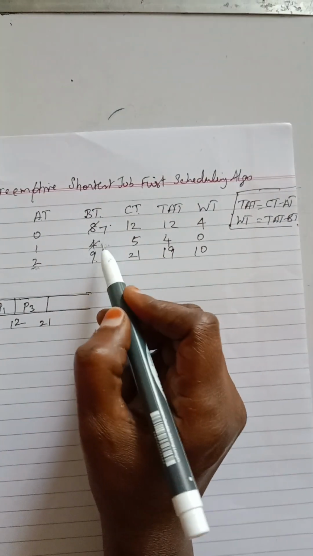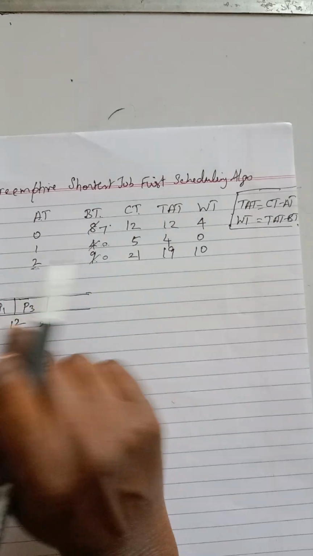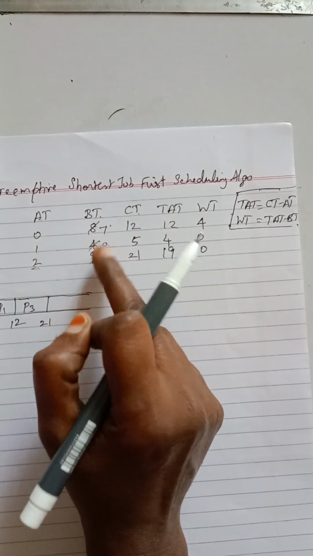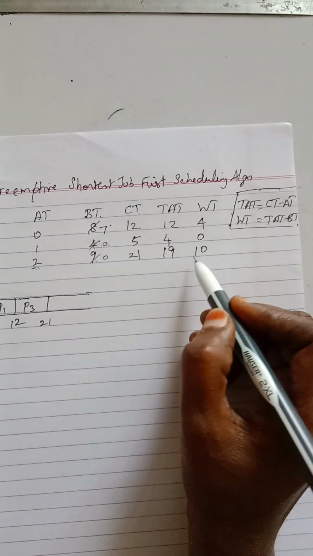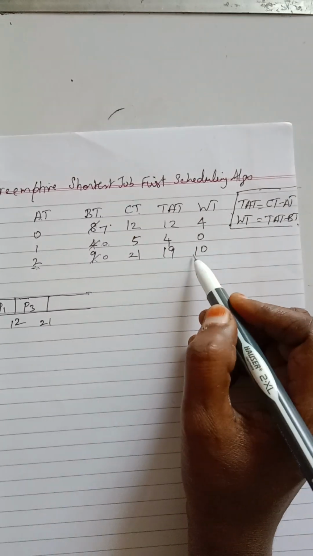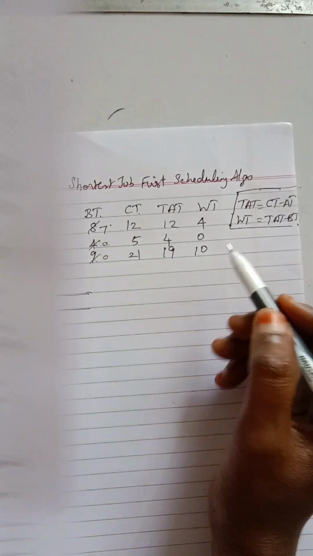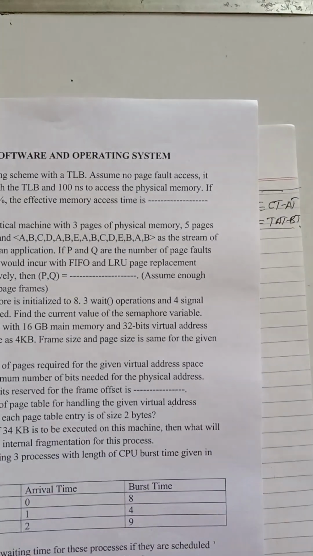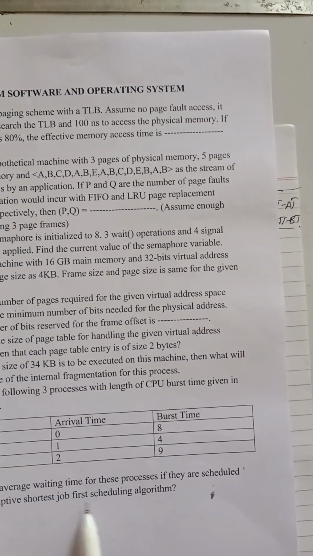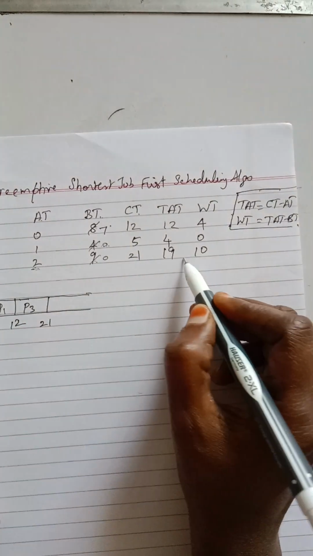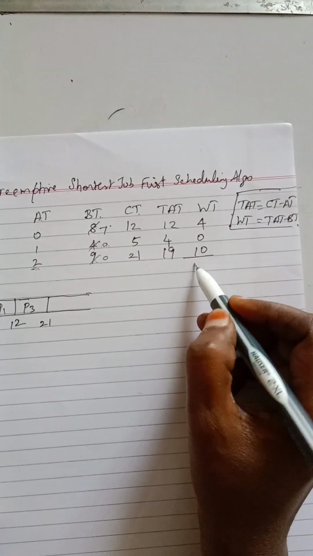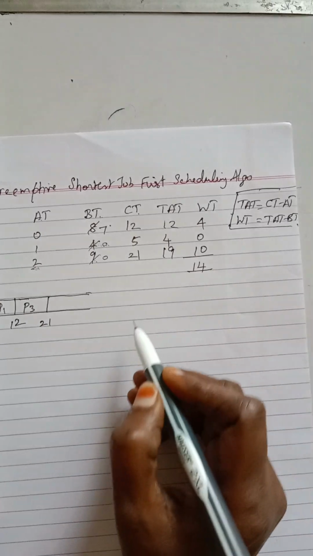Here you have all three schedules. Now, what is being asked? We are asked for the average waiting time for this process. So we find the total, which is 14.